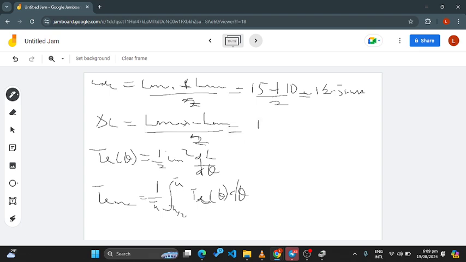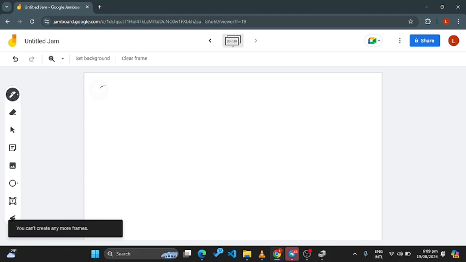Then 15 minus 10 all divided by 2, that should give me 2.5 millihenries. I'm solving it. Okay, so what should be my dL d theta?